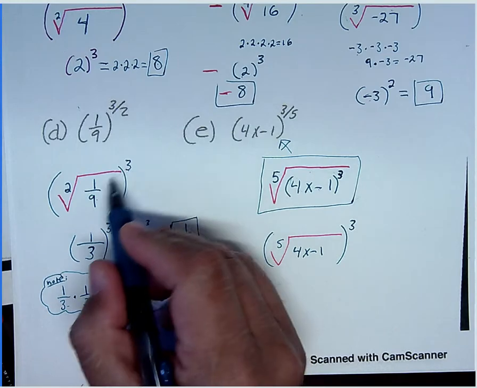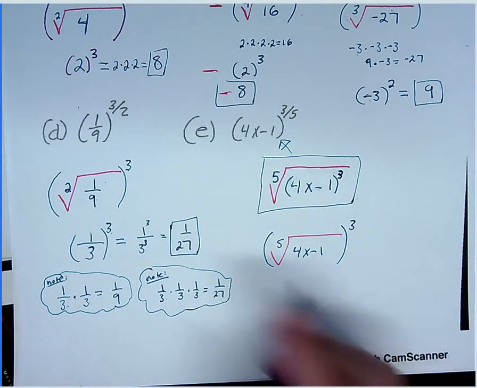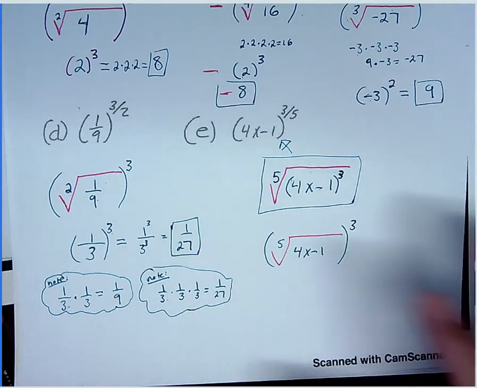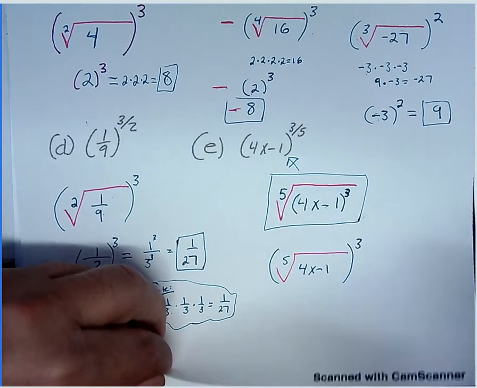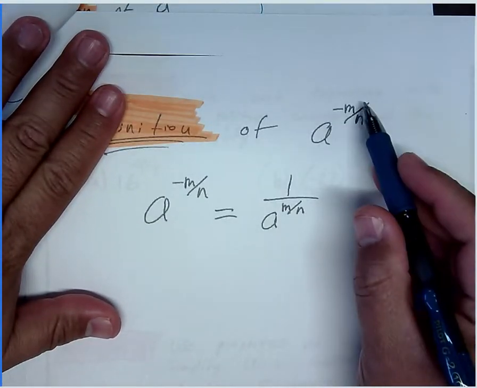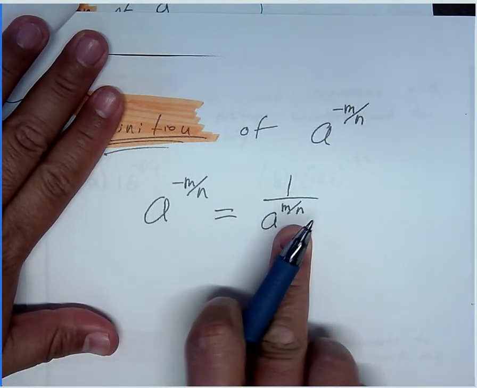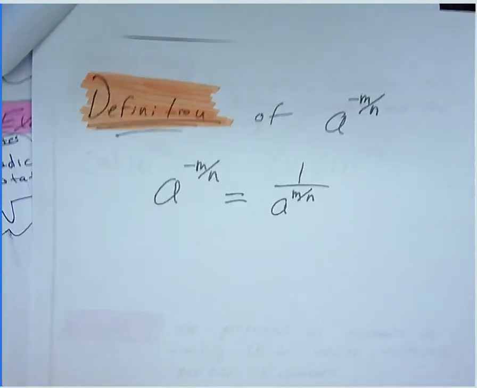You could have put it here, but that would have complicated things for you. So that's when you have to be mathematically smart. Okay, so I think I mentioned this one. When you have a negative rational exponent, you would bring it down. This is the rule of negative exponents.